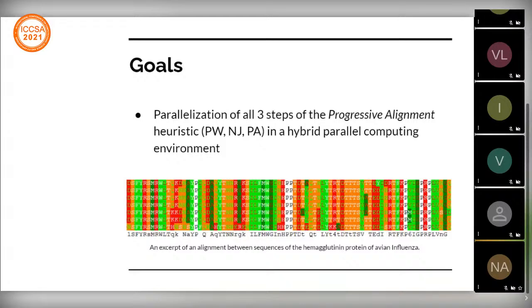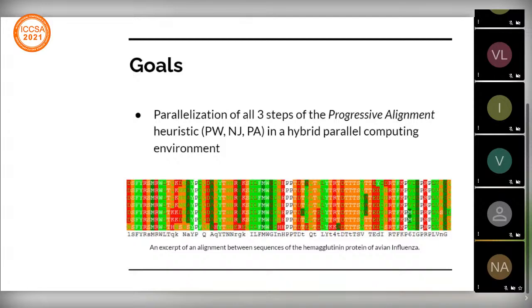Here I have, just for an illustration, a small part of a sequence alignment of a protein of influenza. Usually this problem is solved by a heuristic called progressive alignment, which is divided into 3 steps.